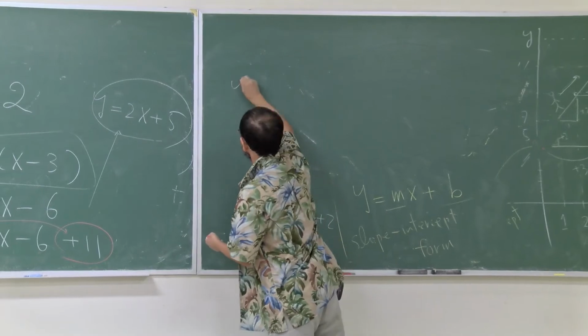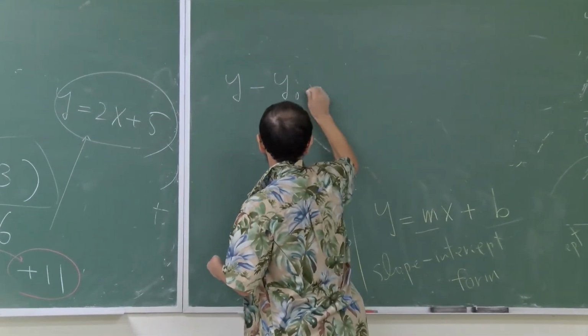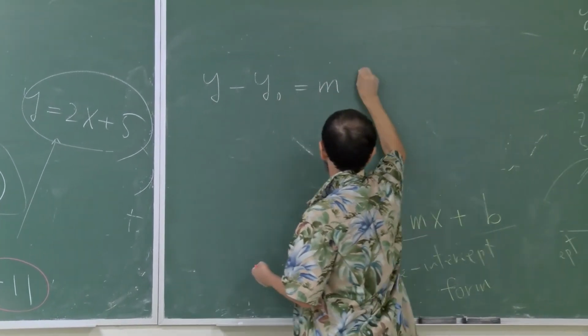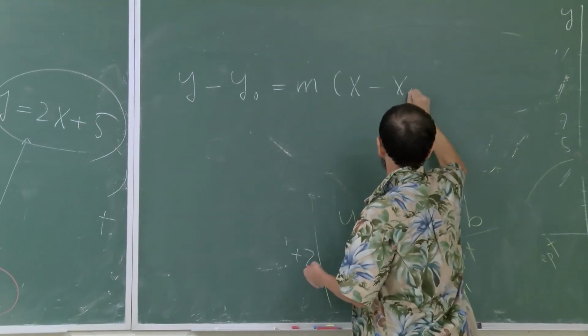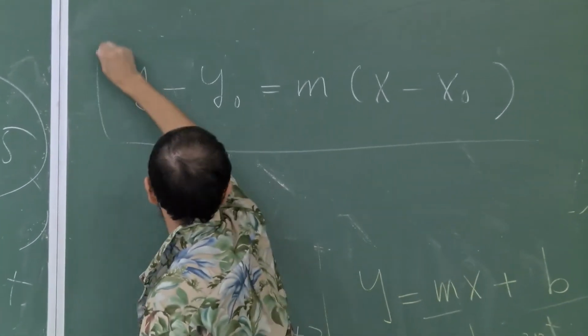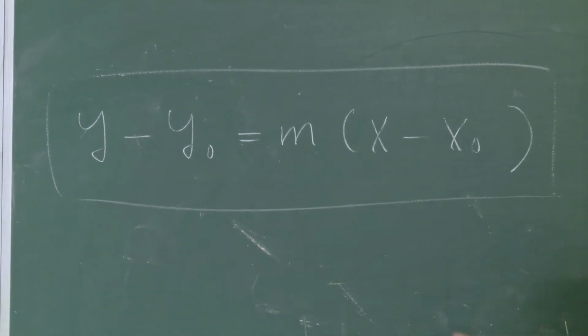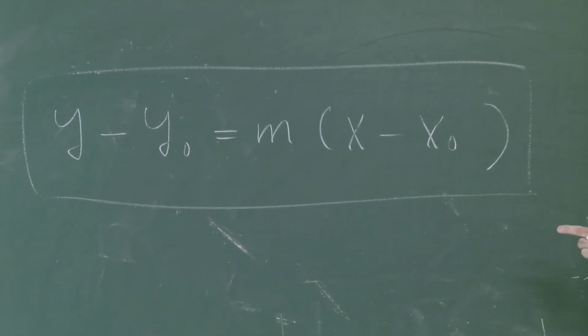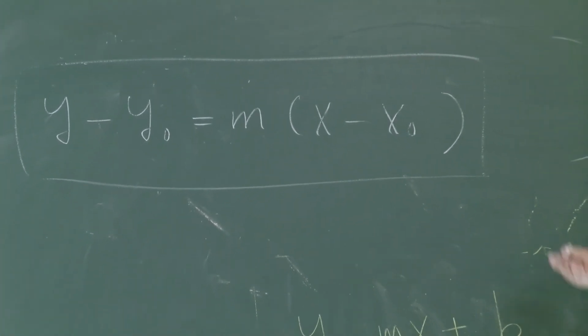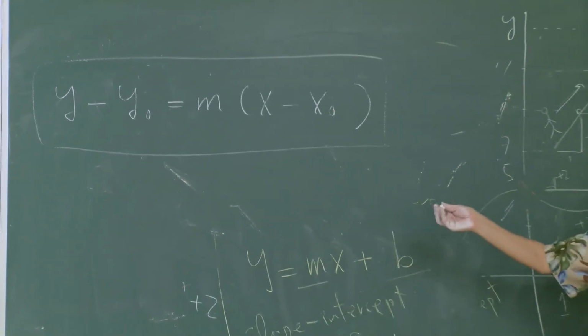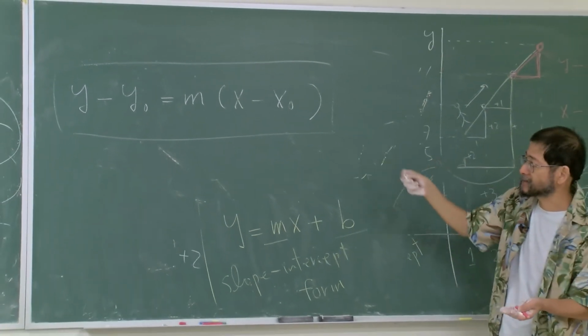Let me use y naught, then x naught. So this is the formula of the line whose slope is m passing through the point (x0, y0).